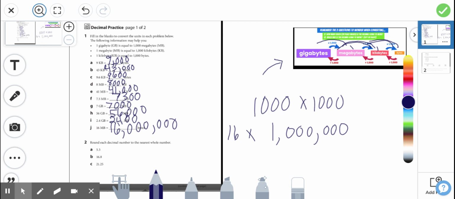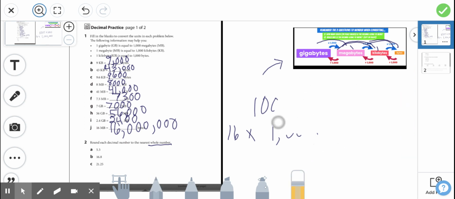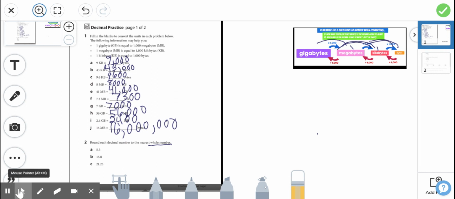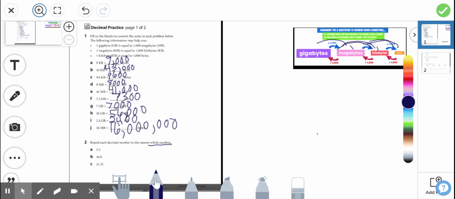Our next one says, number 2, round each decimal number to the nearest whole number. We are rounding to the nearest whole number, which entails we got 5.3.